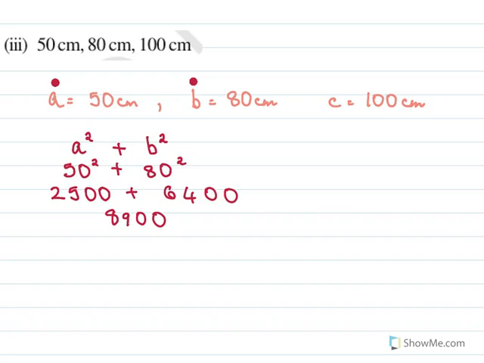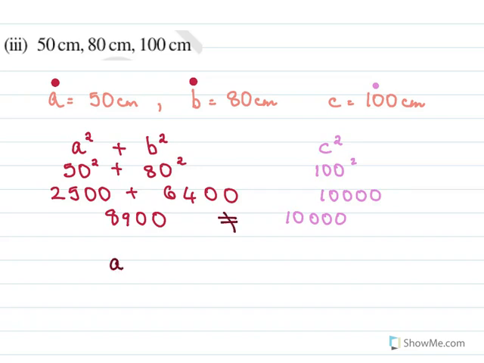And this works out to 8900. Now the longest side has to be the hypotenuse, right? So C must be the hypotenuse. So we'll find out what is C square. C square is 100 square, which is 10,000. So here we have, now is it equal? It is not equal.